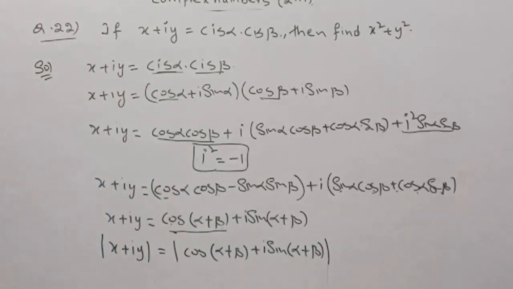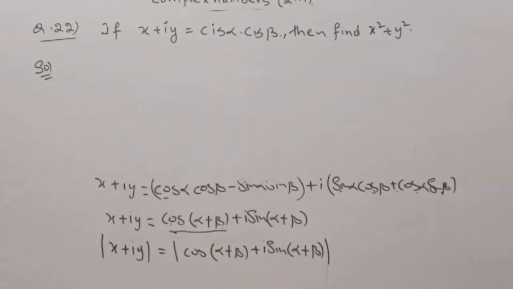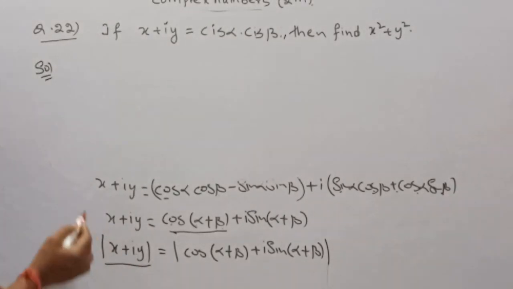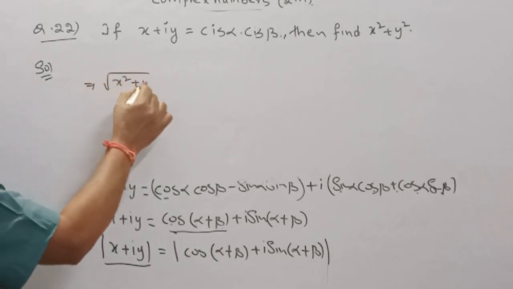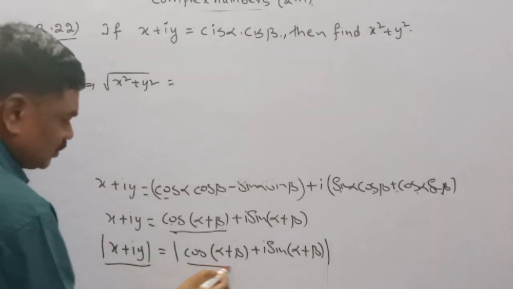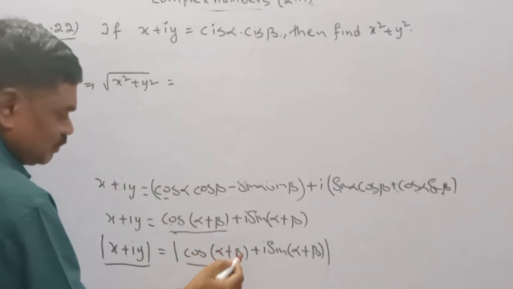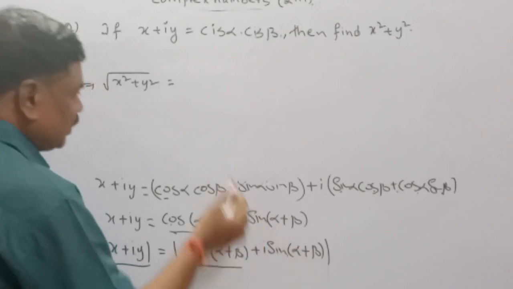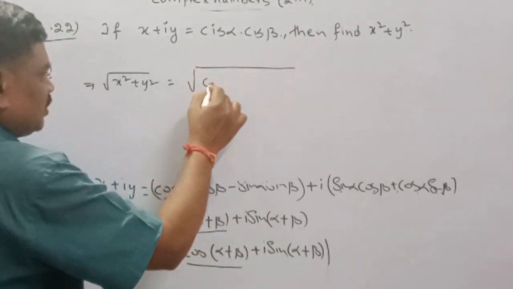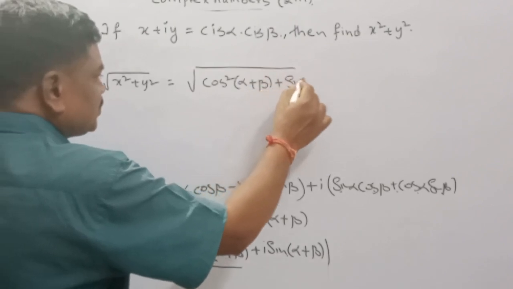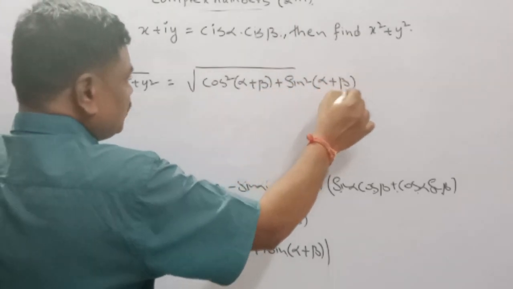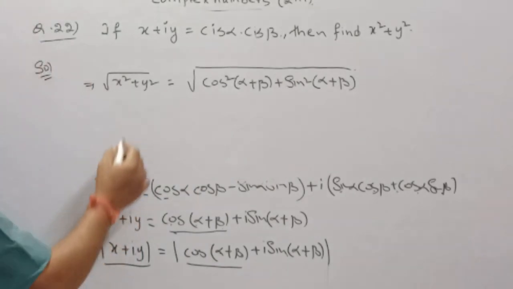What is remaining? You see here, the modulus of x + iy is equal to √(x² + y²), equal to the modulus of cos(α + β) + i sin(α + β). This is √(cos²(α + β) + sin²(α + β)).